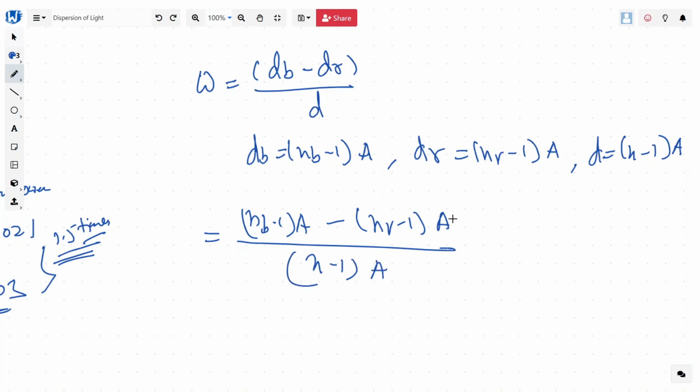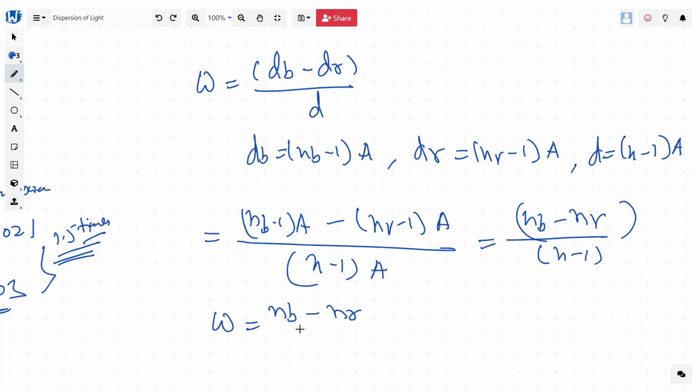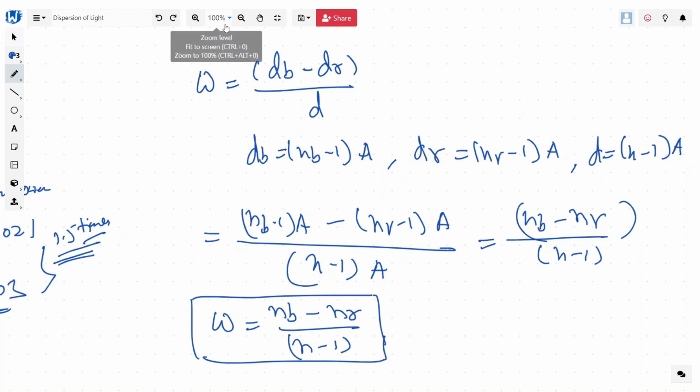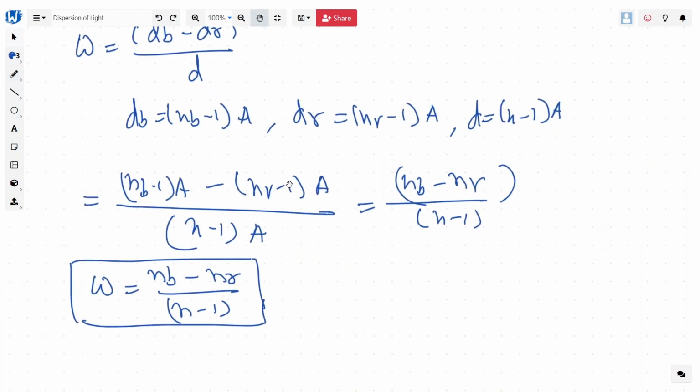into A, and the A will cancel off, and then whatever remains is basically NB minus NR divided by N minus 1. Okay, so for this dispersive power omega, we have a formula now, which is (NB minus NR) divided by (N minus 1), and now we can simply see that it depends only on the refractive indices.